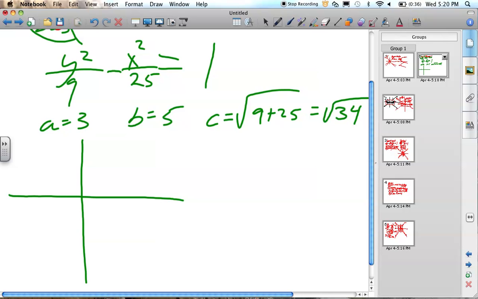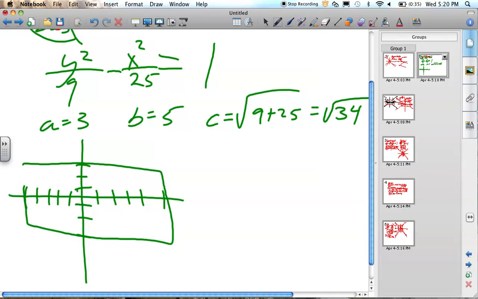I'm going to go 3 units. Draw my central box in the y direction, and then 5 units in the x direction each way.